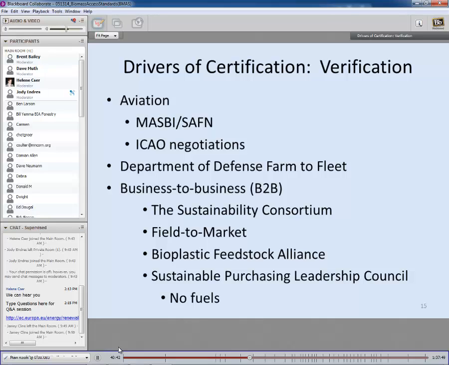And we also have the Sustainable Purchasing Leadership Council, which is procurement-based, and they proposed a sort of LEED-type standard where procurement officials can look at a color-coded system, for example green, yellow, red, or I don't know what colors they're going to be using, or indicators, but they'll be using some type of grading system for procurement officials to use on the sustainability performance of the products that they're buying.